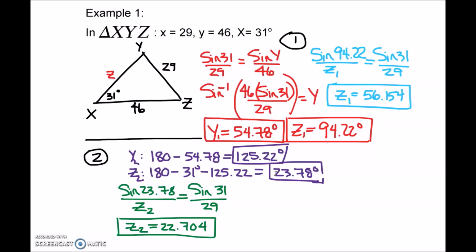So I know I get 2 possible solutions. And again, I have my values for side 1, z, y1, and z1 angles. And then I also have my values for the second triangle. So I have my second side down here, and then my y2 angle and my z2 angle.